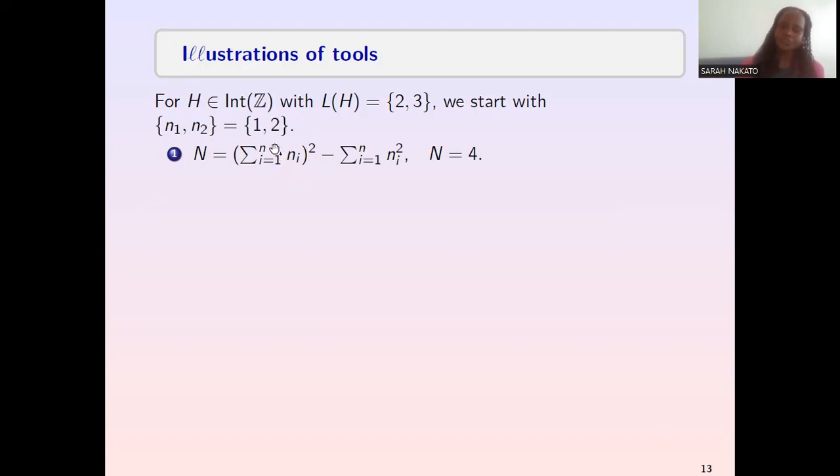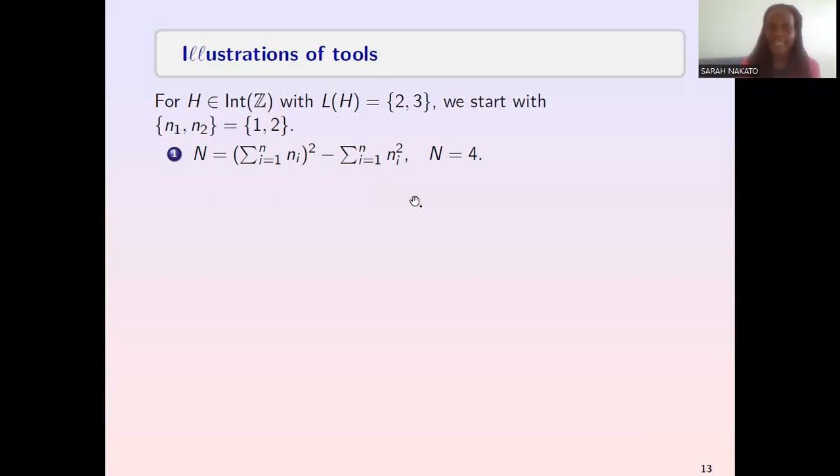What's that number? It's the square of the summation of the n_i's minus the sum of the squares. This is a very specific choice because we'll see at the end that we shall arrange n elements in a square matrix of this size, and we leave out the block diagonals.